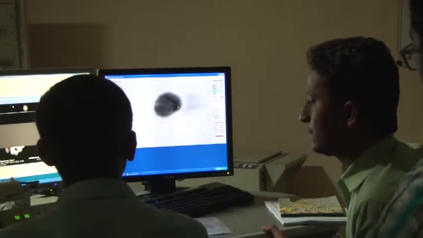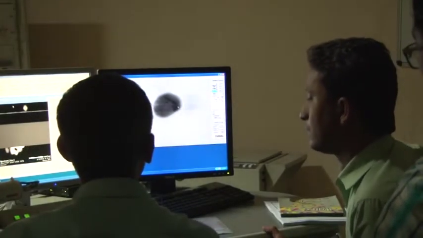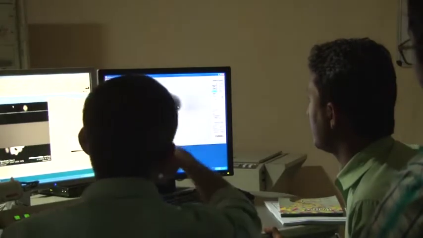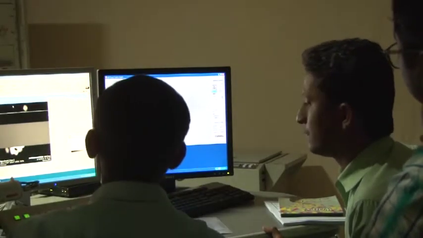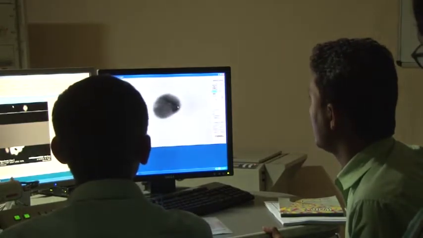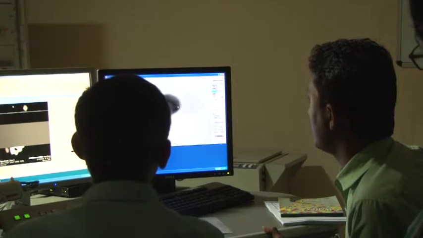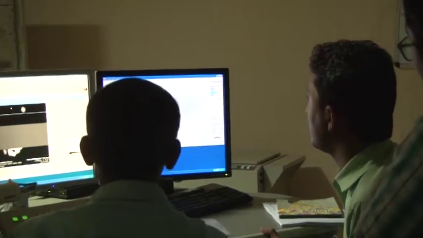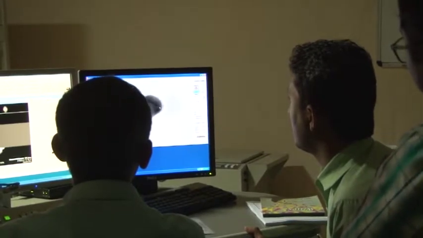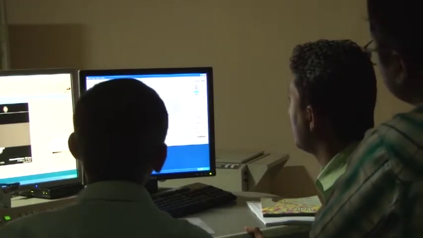Right now it is showing a black fringe, which means probably that it is over focus. We'll just check. Now the fringe has gone. If I go still further down, then a white fringe should come. Now the white fringe has come a little.